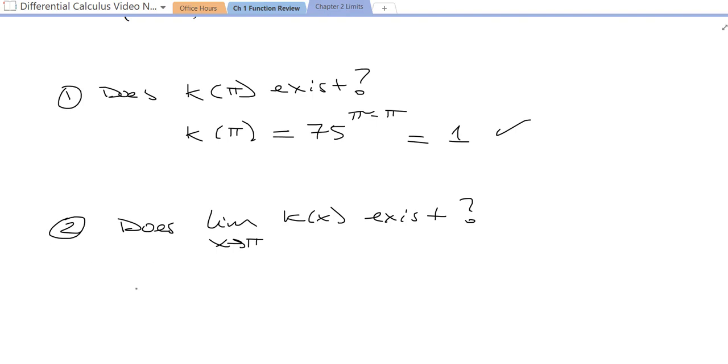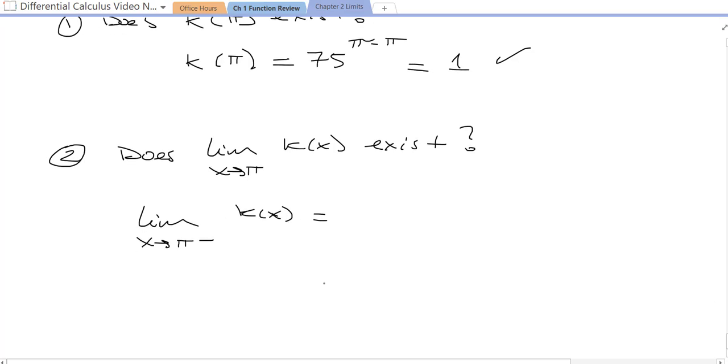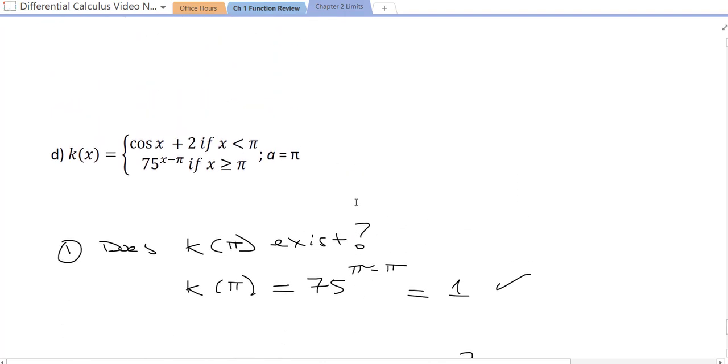So I'm going to look at the limit as x goes to pi from the left of k of x, and the limit as x goes to pi from the right. And so from the left, which function are we following? If you're to the left of pi, you're smaller than pi, so less than.